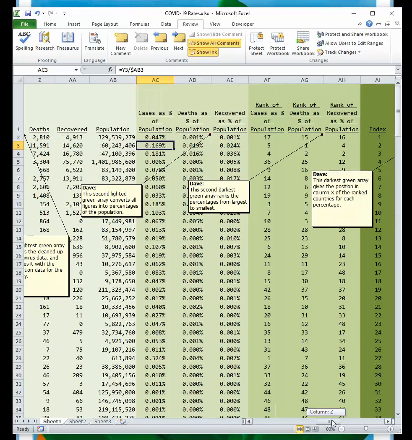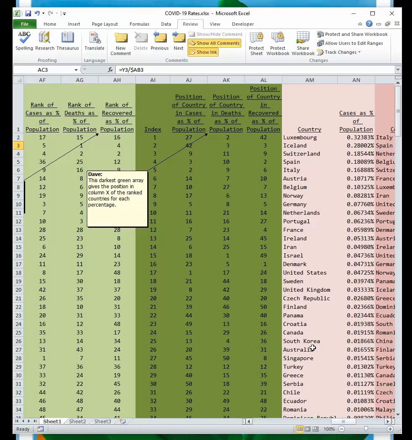The next darker shade of green actually ranks all these numbers here from smallest to largest so I can sort them out. And then in this very dark green group over here, I took this list in the lighter shade of green and said, hey, I'm going to go in this middle column right here. The number one country is actually the second one on the list.